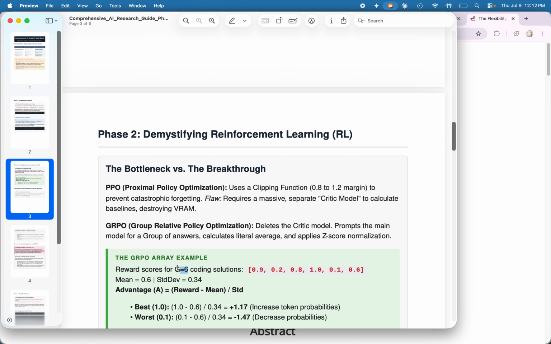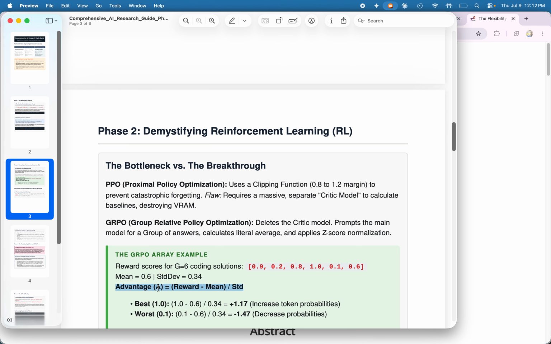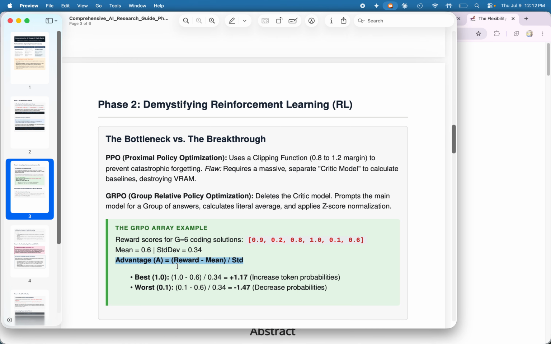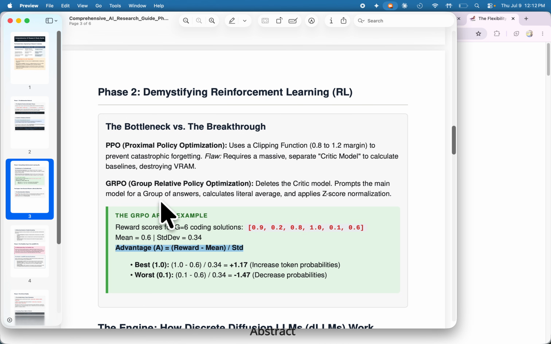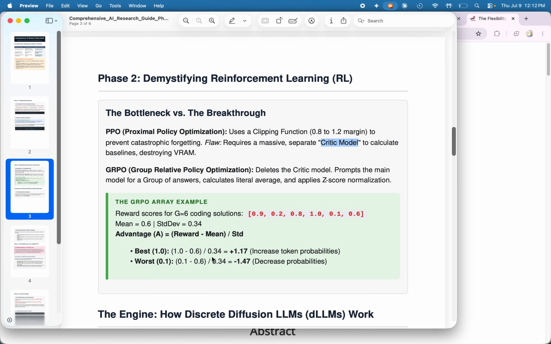Here group equals 8, but the group can be any number. We ask it to predict that many times, then take the average and standard deviation. The z-score formula is the actual reward minus the mean, divided by the standard deviation. That's how we do reinforcement learning with GRPO with fewer resources, because we don't need to train a critic model like in PPO.